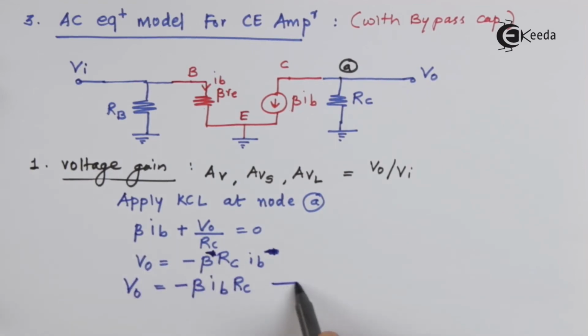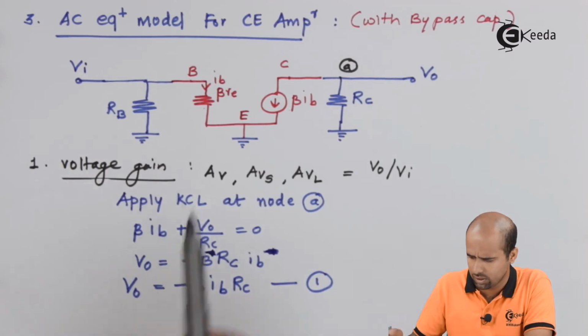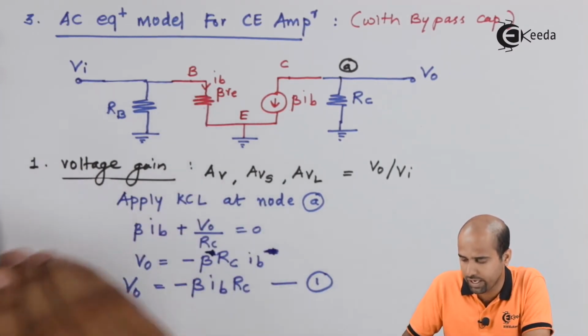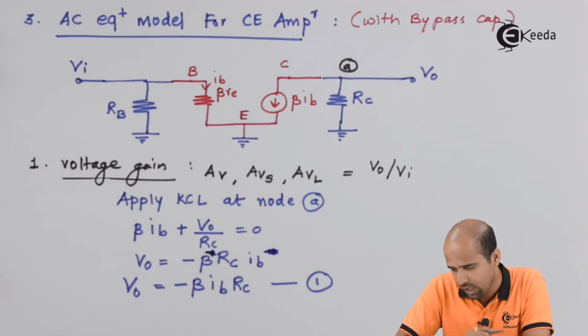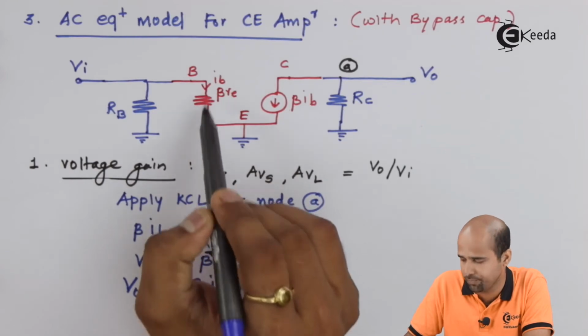Now, let's say this is equation number 1. I want this IB in the form of VI. So we have to again move towards the input side. What to do? IB is flowing through beta small re, right?